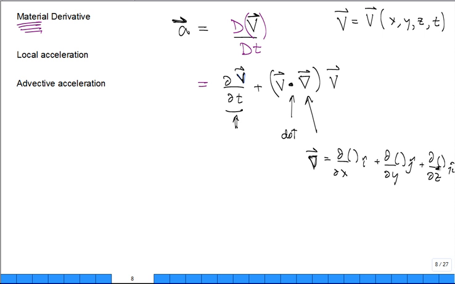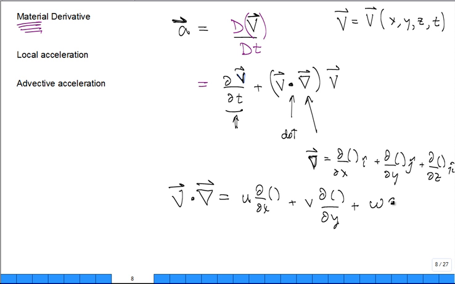But this is a vector by itself, and when I do this, v dot del, it's equal to u partial with respect to x of something plus v partial of something with respect to y plus w partial of whatever with respect to z. All right, that looks pretty abstract there, but it's mathematically correct.